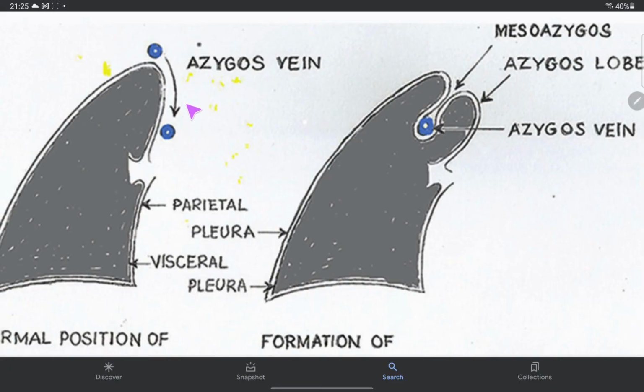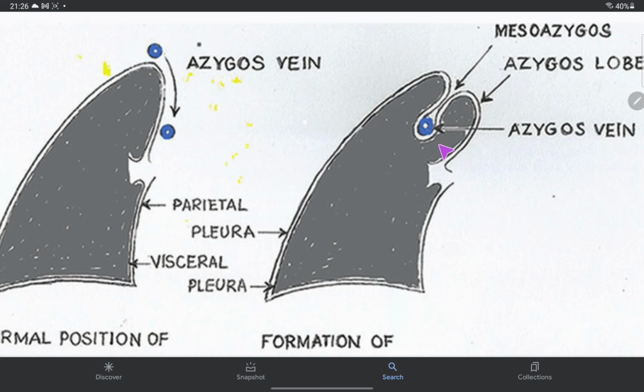In this diagram you can see that normally the arch of the Azygos vein marks the mediastinal surface of the right lung. Sometimes the Azygos vein arches over the apical lobe of the lung, so that a portion of the apical lobe lies medial to the Azygos vein.